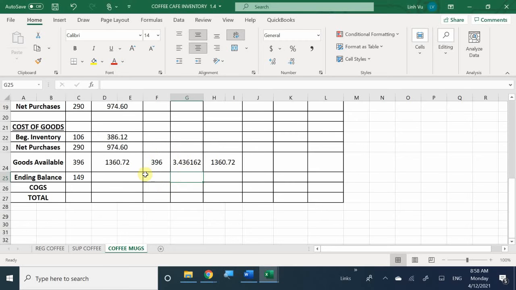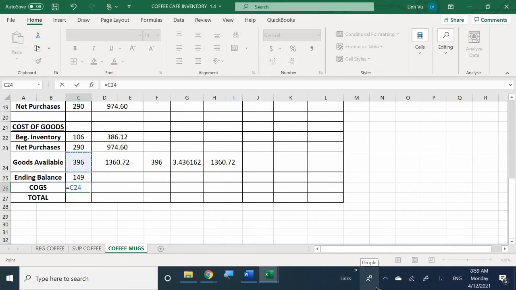Okay. Now we're going to solve for the next part. If we started out with 396 items and have a remaining of 149, how many items did I sell? 247.